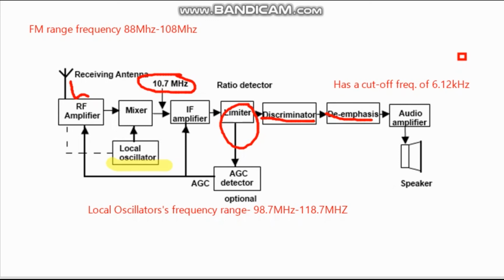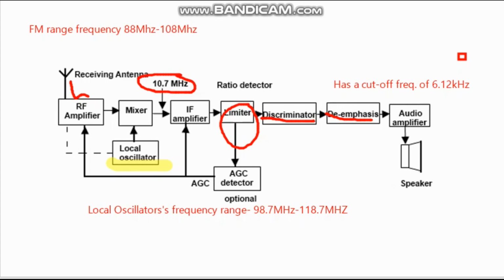The de-emphasis circuit performs a demodulation, which then recovers the original audio signal transmitted by the transmitter, which will then be sent into the audio amplifier, which amplifies the AF and the power of that original audio to be thrown into the speaker.